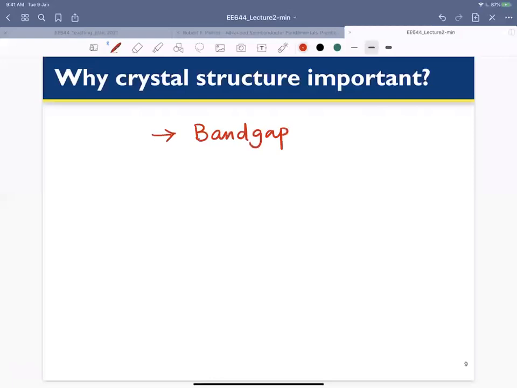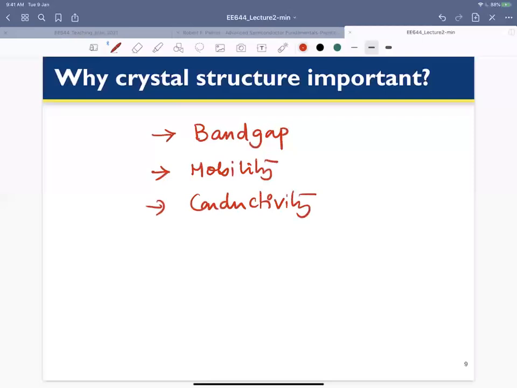The crystal structure defines that, and also other properties like mobility, conductivity, everything. That will depend on the crystal structure.